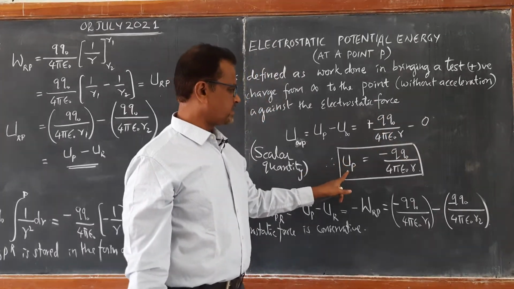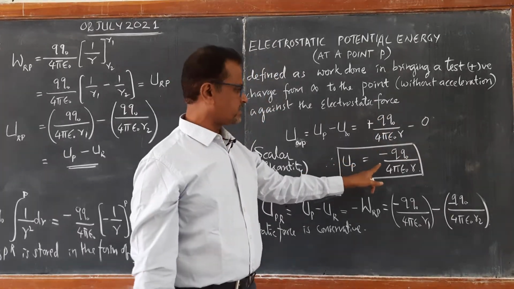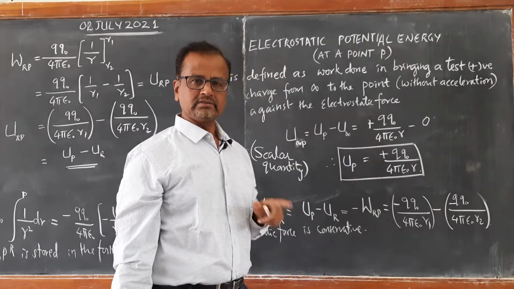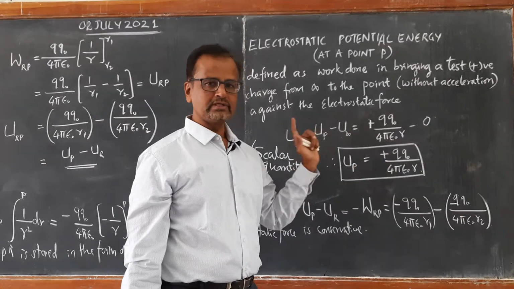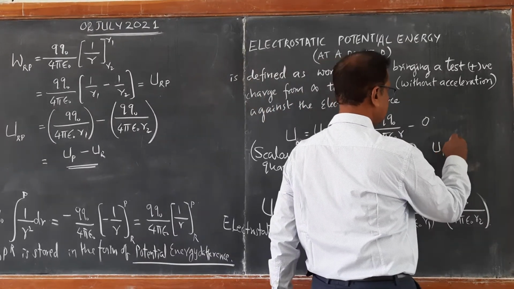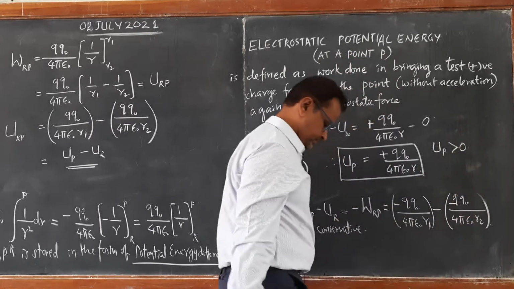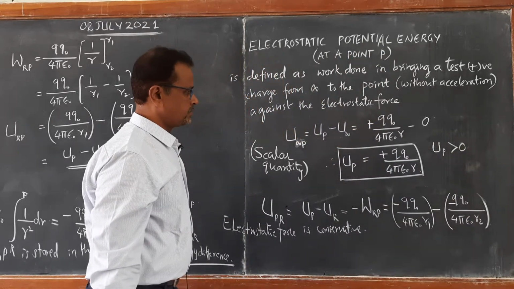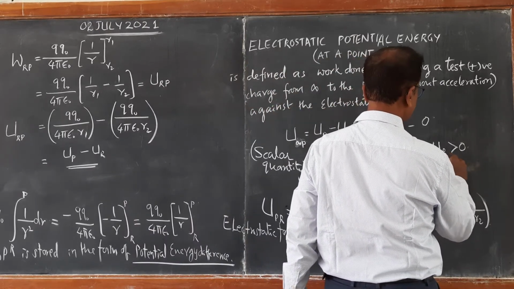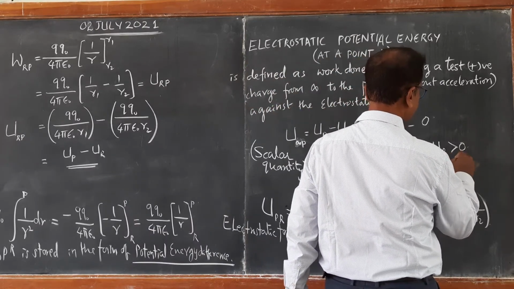Therefore, potential energy at point P is calculated as q naught upon 4 pi epsilon naught r. Please remember this is not negative, this is positive. So, potential energy is positive when there is a force of repulsion.